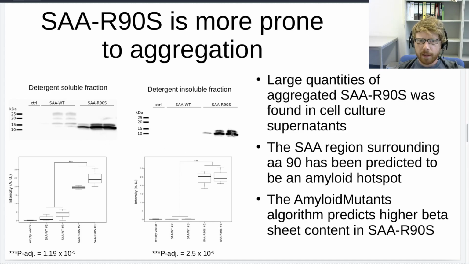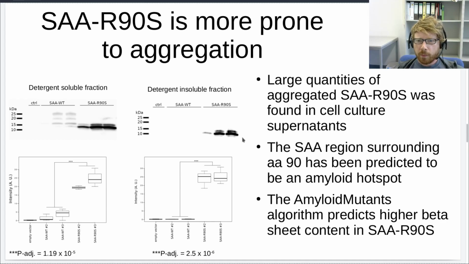So in the detergent-insoluble fraction, which contains aggregated protein, we didn't find any wild-type isoform, and again huge amounts of the mutant isoform, which most likely means that this mutation leads to a higher aggregation propensity in the serum amyloid A protein.